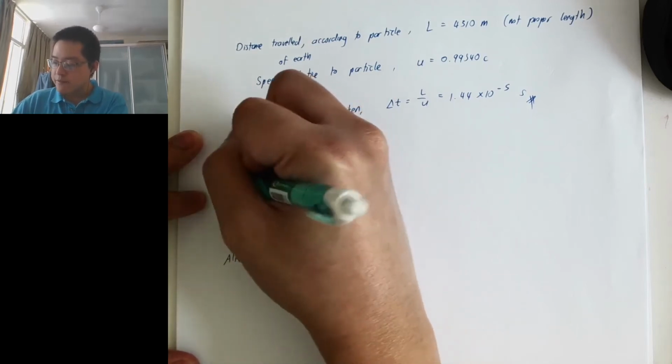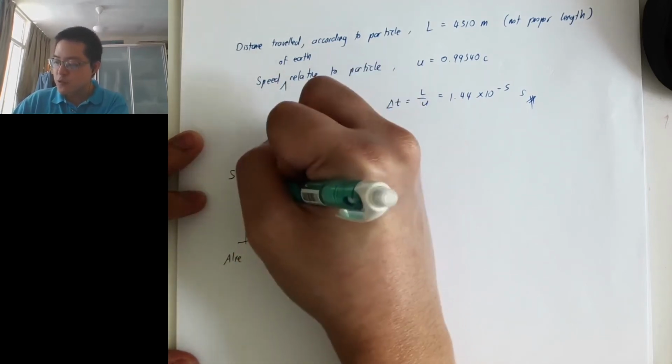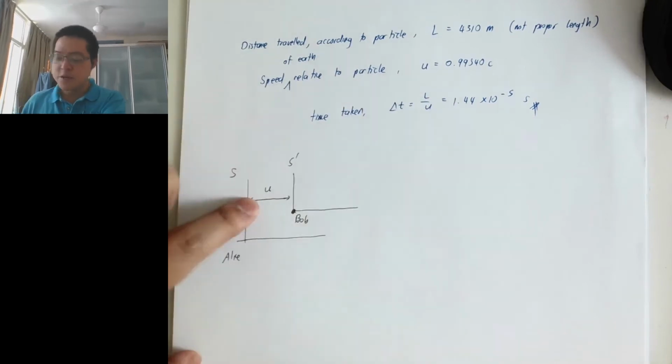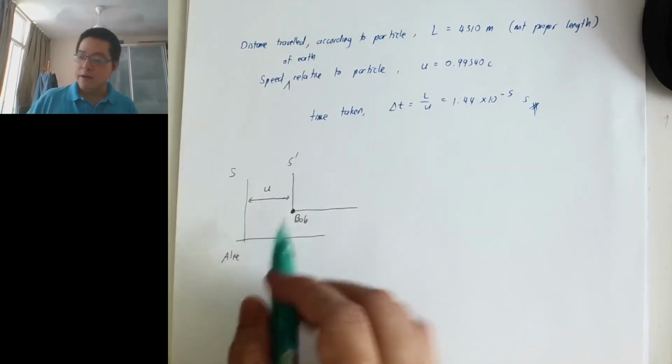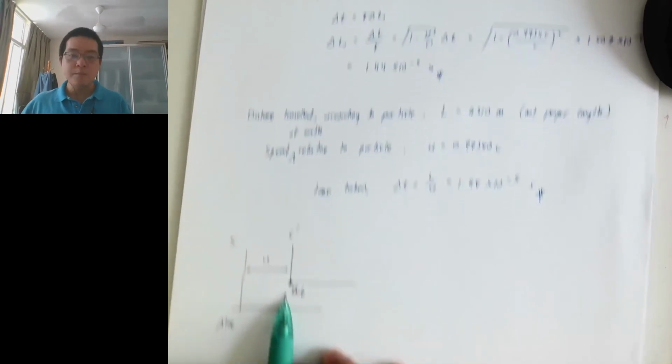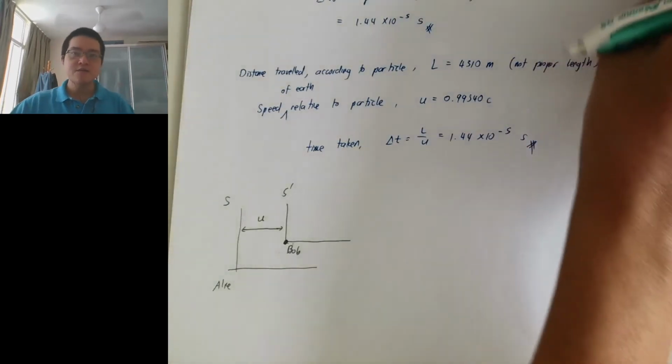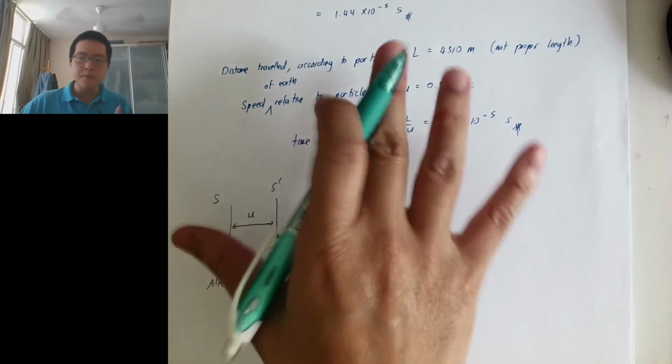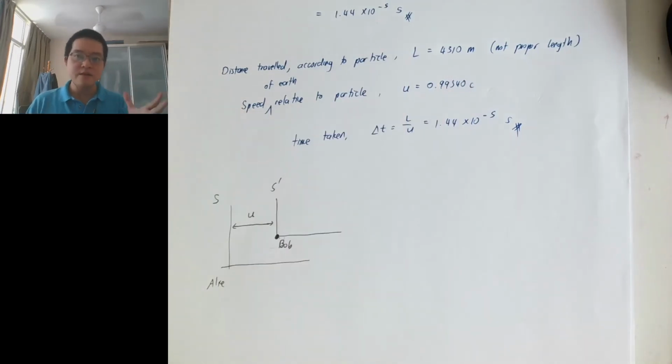I have two frames, so the speed between two frames is u, okay. But right now the particle itself is Bob, so that's fine, right? So we have only two objects in this problem, the Earth and the particle, and only two.